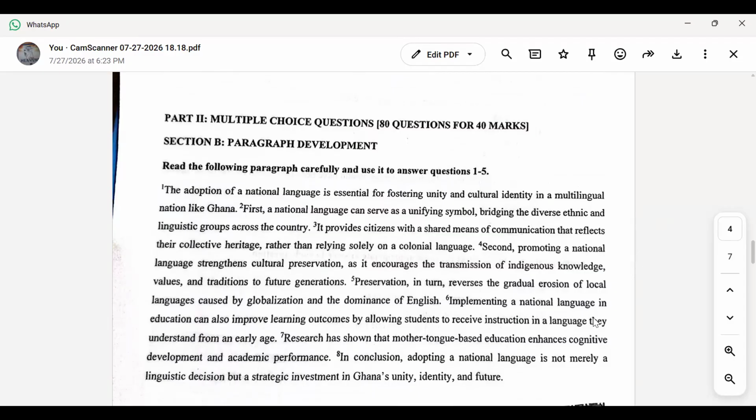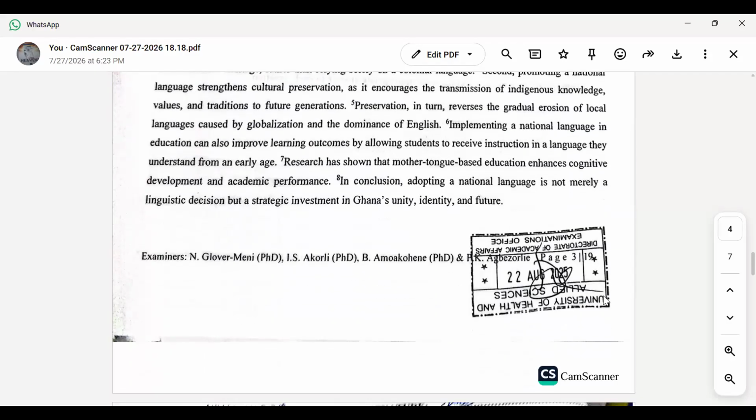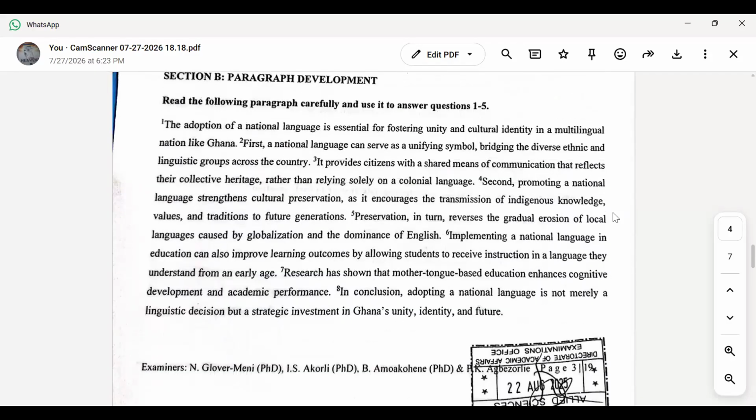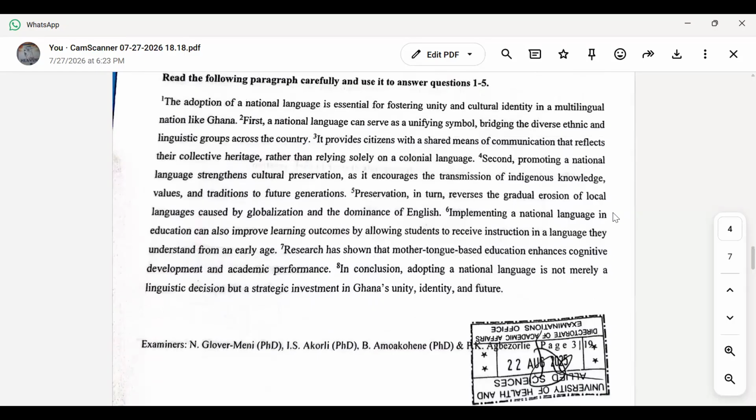Okay. This particular passage is just like what we did for the paragraph development. We looked at World War II. We looked at the school uniform passage. Have we ever looked at the school uniform passage and the World War II passage before? No, Doc.